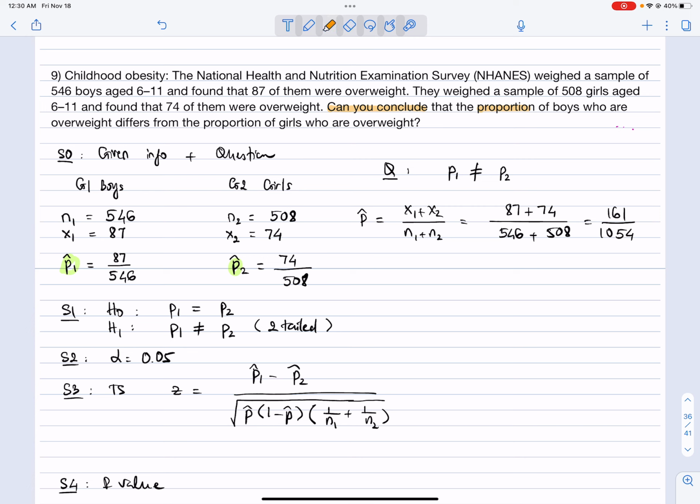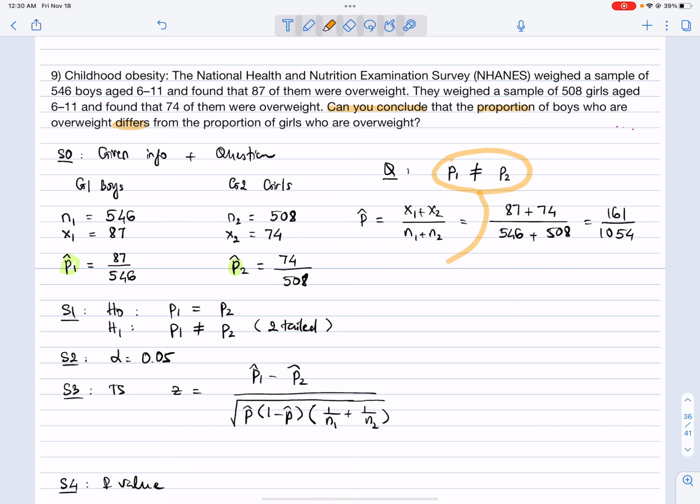They're asking us whether the proportion of overweight boys and overweight girls is different. So we have P1 and P2. They are the population proportions. So we're gonna use the population notation in the question. They always ask us for the population, but they give us the sample to check.